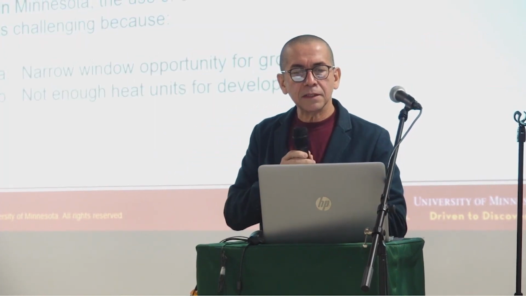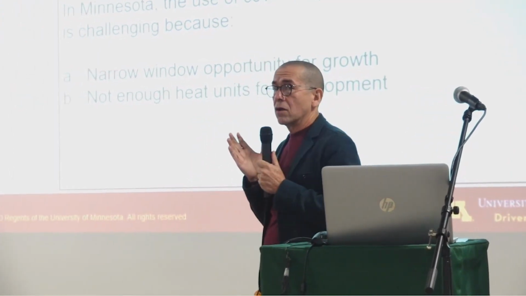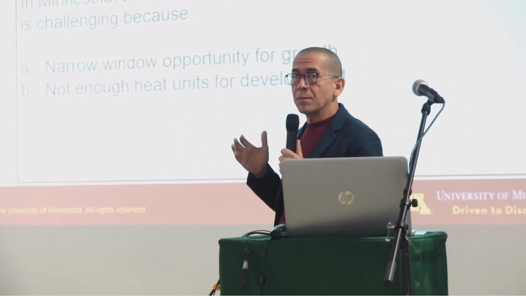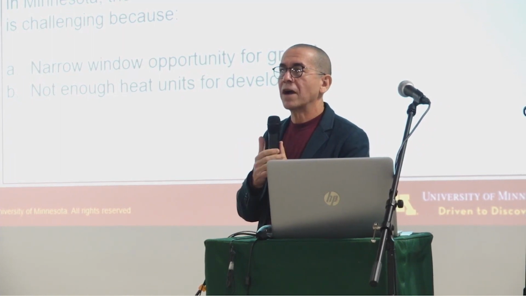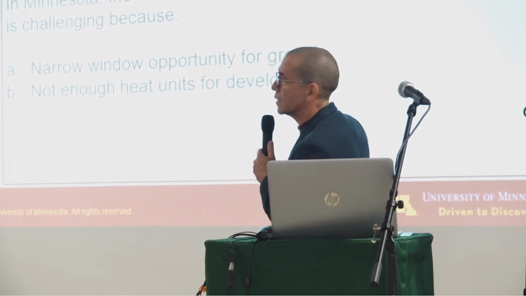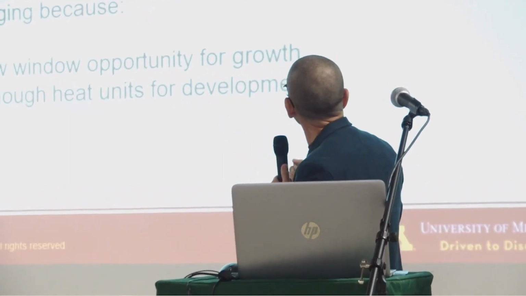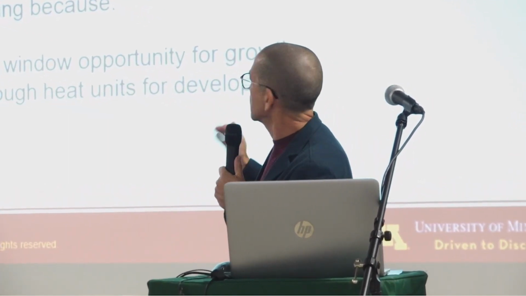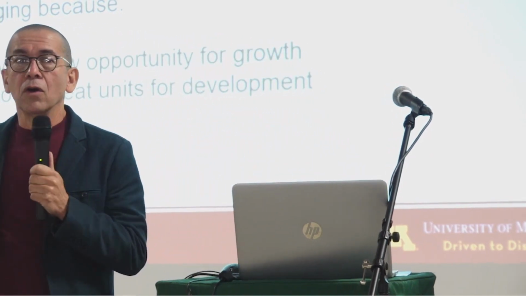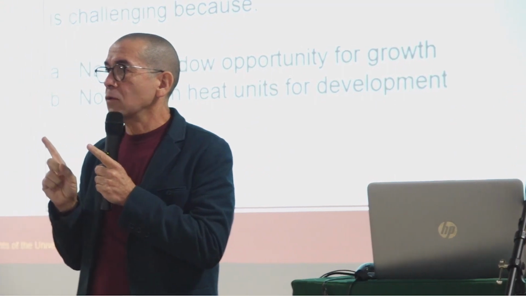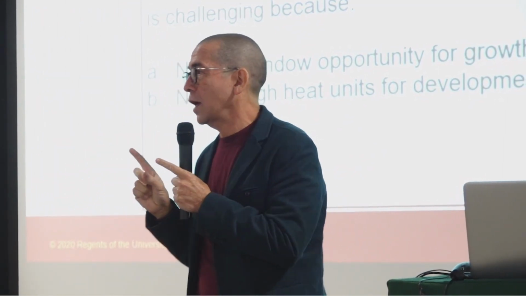But the thing is that, as I was saying at the beginning, we have a lot of issues in Minnesota, but the most important one is a physical factor, and this is weather or climate in the long run. So in Minnesota, the use of cover crops in the corn soybean rotation is challenging because after we harvest the corn, or even at the beginning, we all know that there is a very narrow window of opportunity for cover crops to grow, okay?